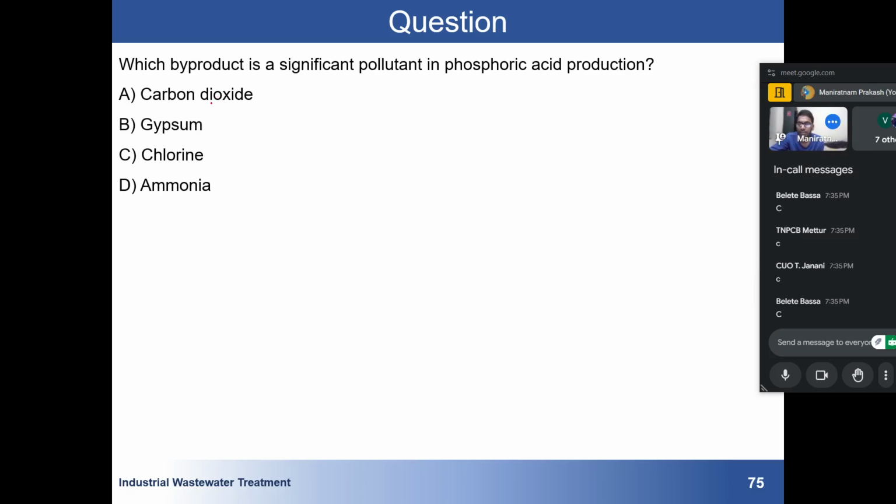Which byproduct is a significant pollutant in phosphoric acid production? First you should know how phosphoric acid is produced.